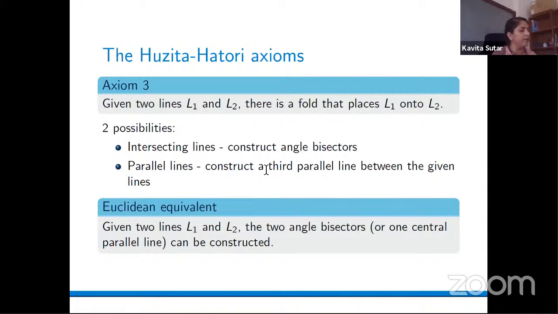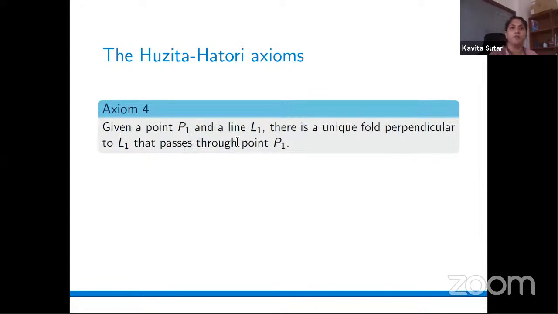That is the Euclidean equivalent of this third axiom. Are there any questions, by the way? I will stop from time to time to ask if you have questions, and then we can go on. All right, if there are no questions, let's move on to the fourth one.